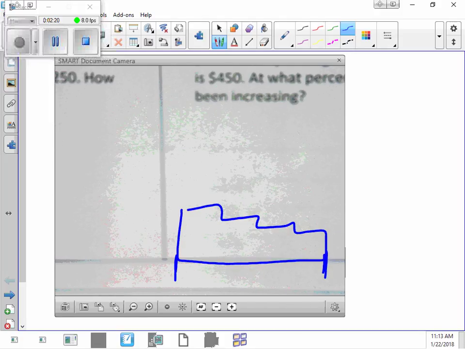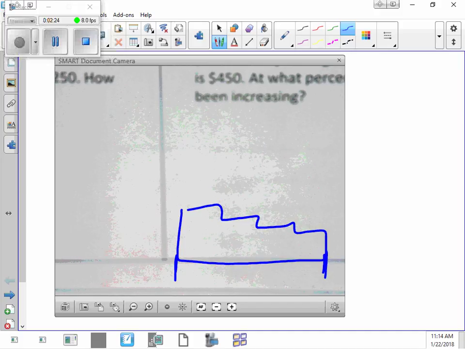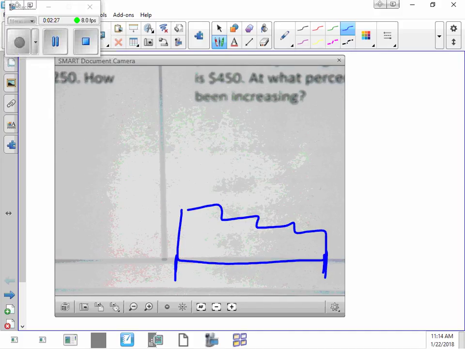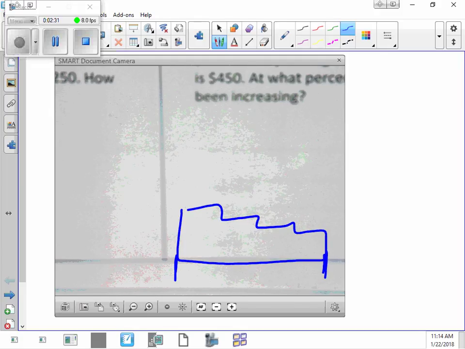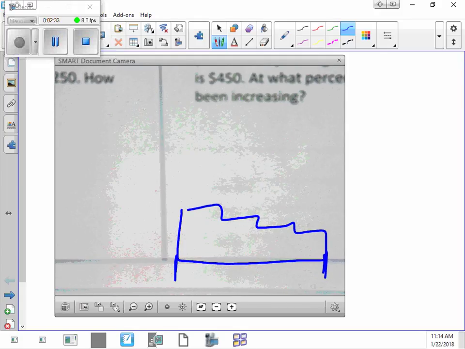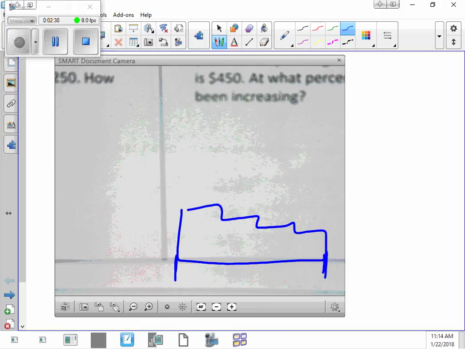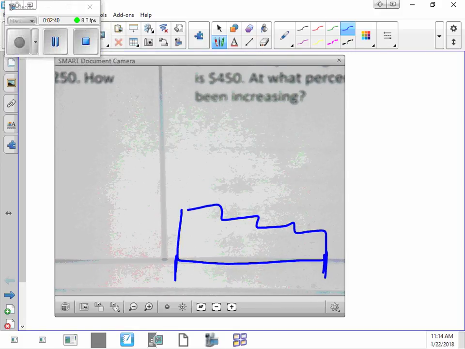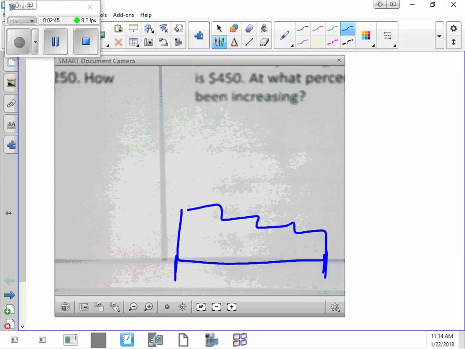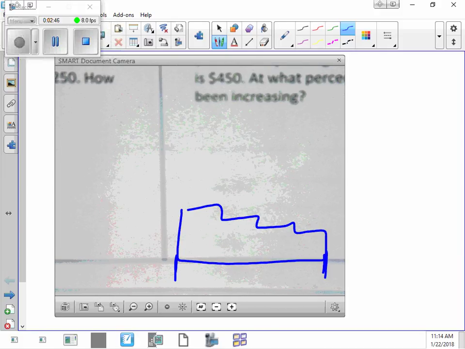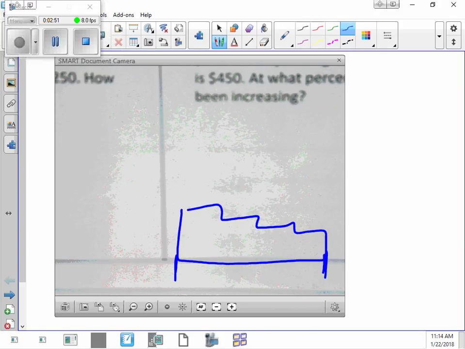This exercise, like exercise 2, refers to figure 1 on 317. If a pair of dice are rolled, the total number of spots is most likely to be which number shows up the most? 7. And in 1,000 rolls of the pair of dice, which total came up most often? 7 did.